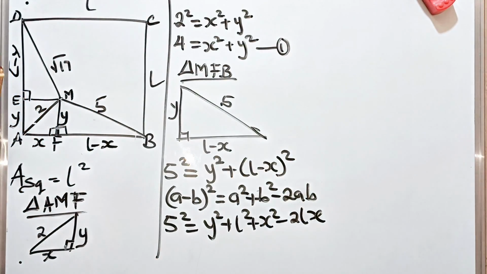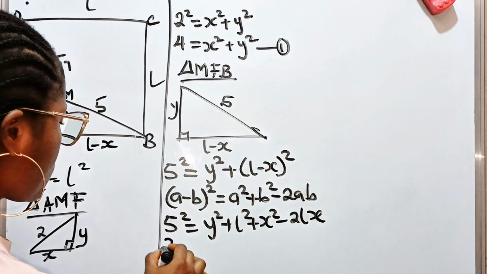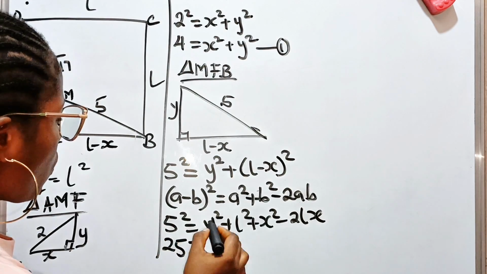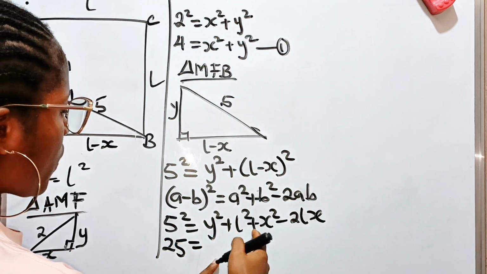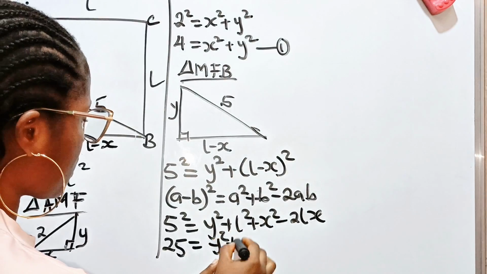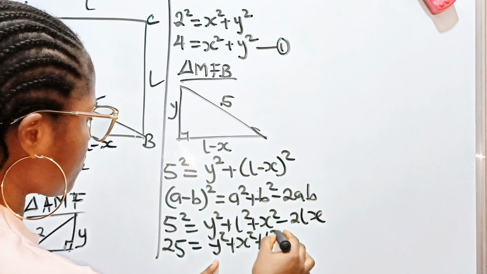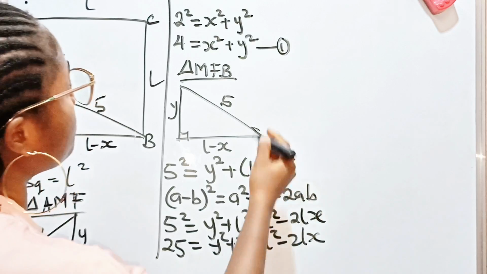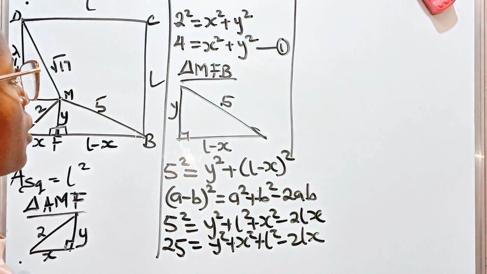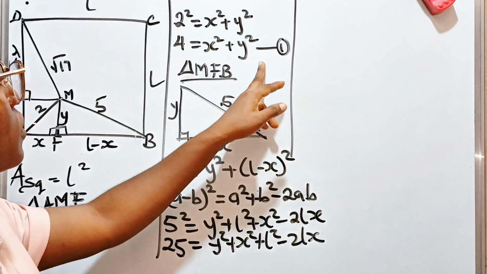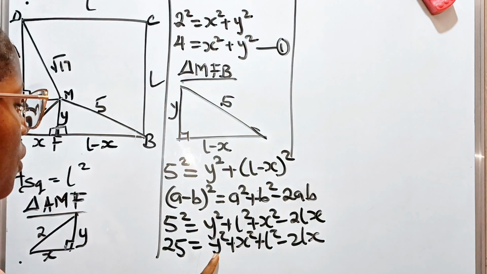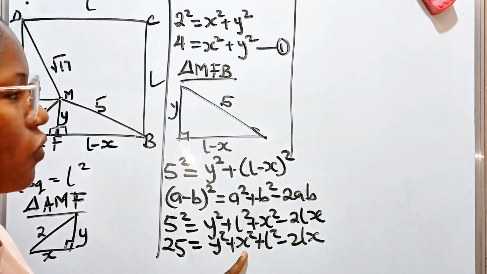Okay, now we can write this as 5 squared, 25, is equal to Y squared plus X squared plus L squared minus 2LX. But from equation 1, X squared plus Y squared is 4. So we can replace Y squared plus X squared with 4.